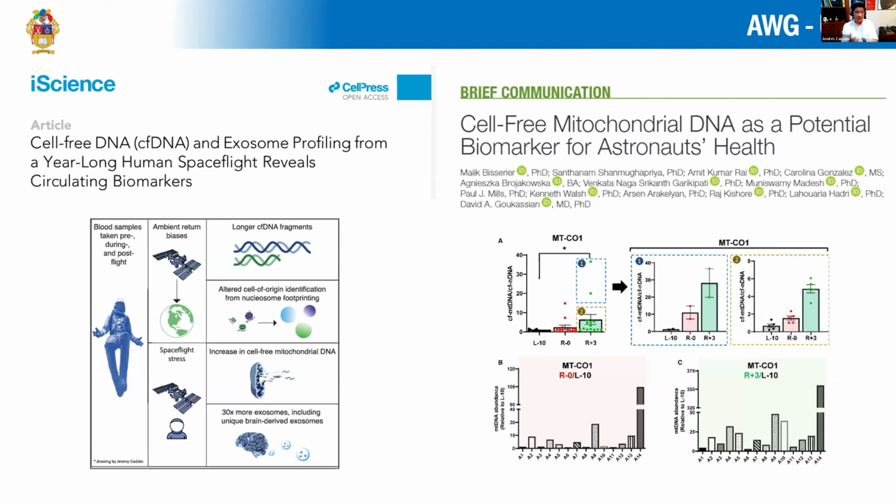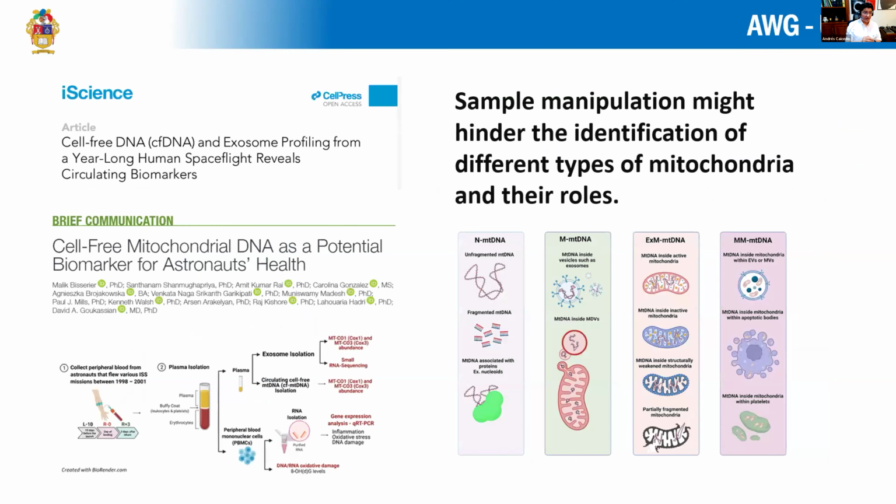And in another very interesting paper by the team of Dr. David Gokusen, this same mitochondrial DNA is increased after the flight. So it seems that there is a certain dynamic happening when the astronauts go to space and then come back to Earth. So it is super important to understand this better.